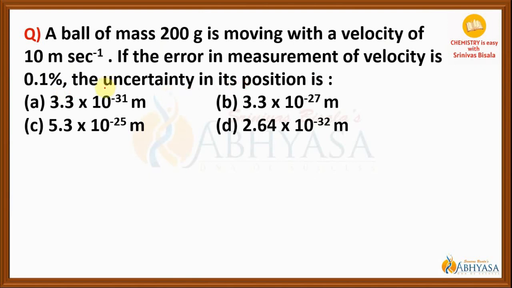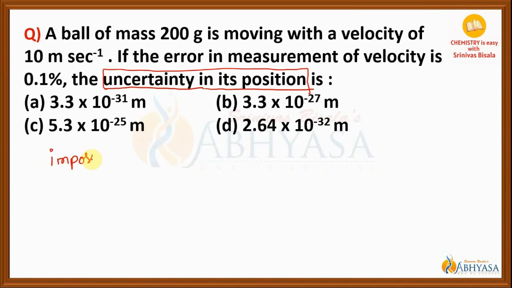From the words uncertainty in its position, this itself gives you a clear idea that this is a numerical of Heisenberg's uncertainty principle. Before solving this, let us understand what this principle is.